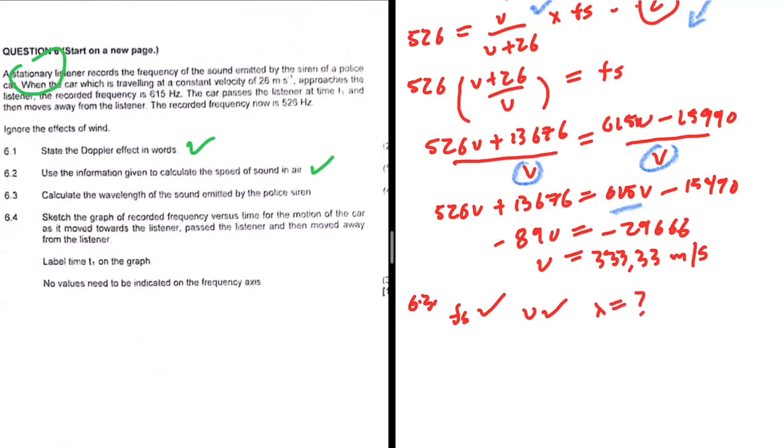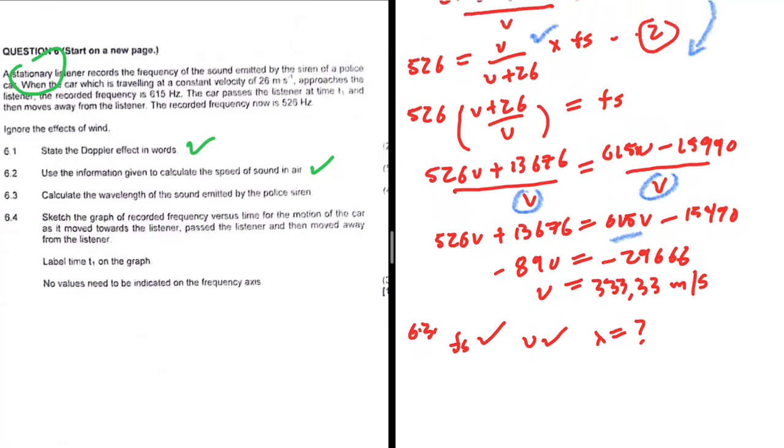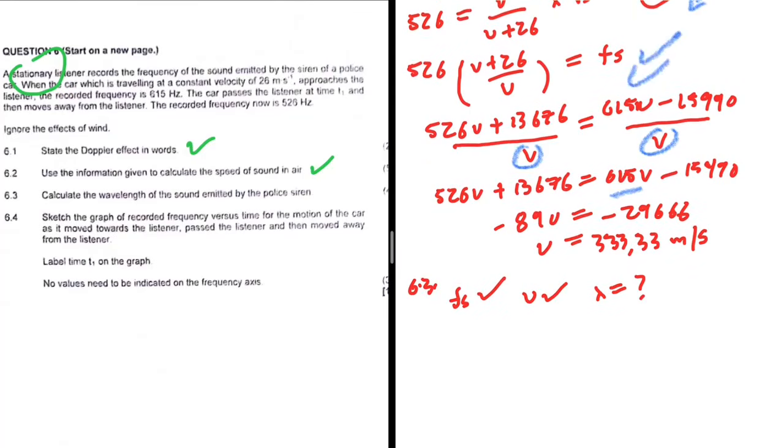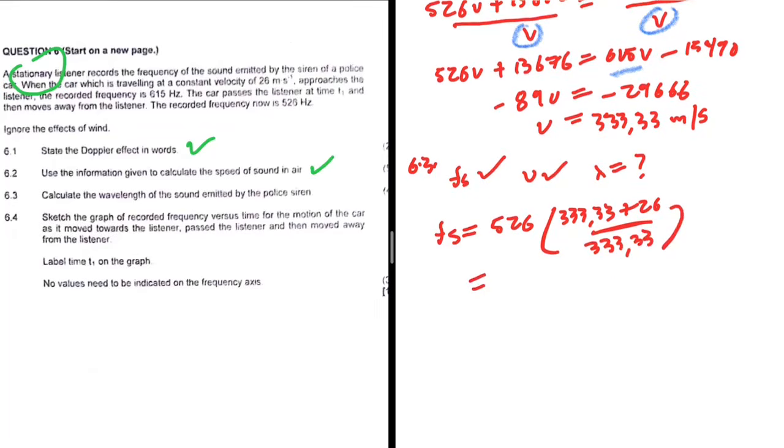Fs, we can calculate it, but at this point we don't have it. So how are we going to calculate Fs? We have this equation here, so we're going to use that equation to calculate Fs. So Fs is equal to 526 multiplied by (333.33 plus 26) divided by 333.33. So let me put that in my calculator.